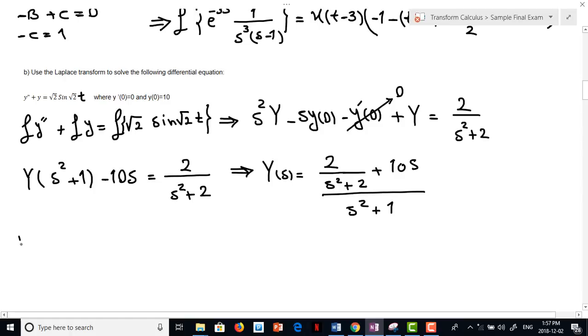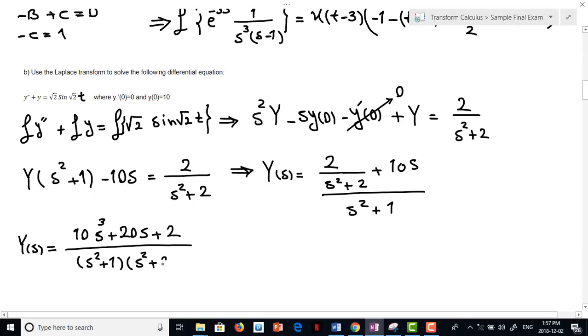If I simplify and expand it, Y(s) is going to be 10 s to the power of 3 plus 20 times s plus 2, divided by (s to the power of 2 plus 1) times (s to the power of 2 plus 2).